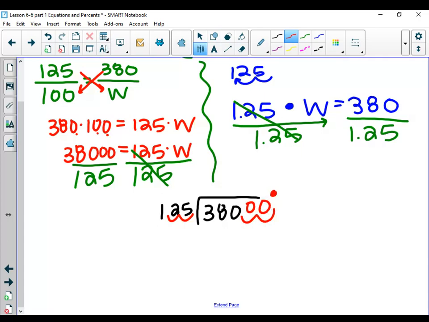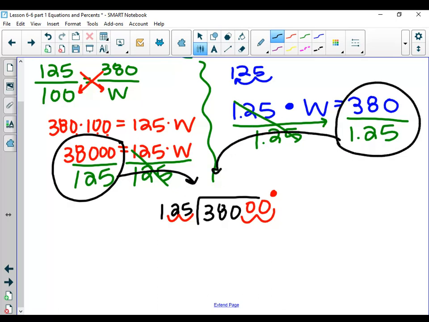Turns out we are both doing the same problem. This person and this person are both dividing. Whose is better? Totally your choice.